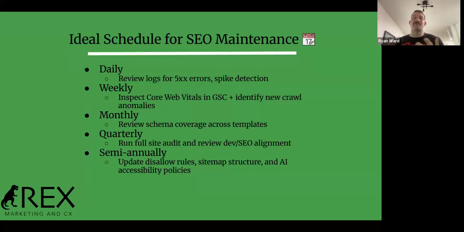This is more of an emergency type thing, making sure that your servers are functioning properly from a technical side. On a weekly basis, potentially checking your core web vitals, or bi-weekly, to understand how are we performing? Are we passing all of our web vitals?